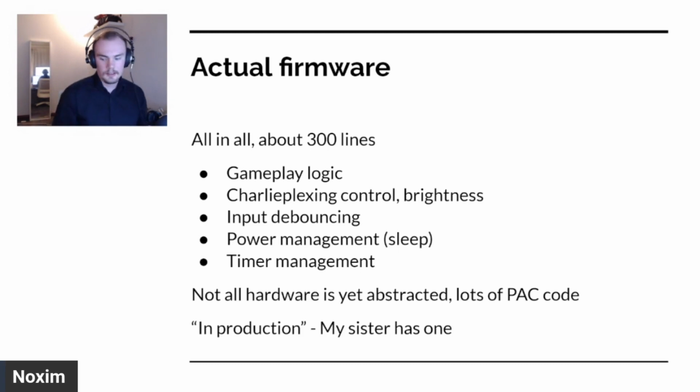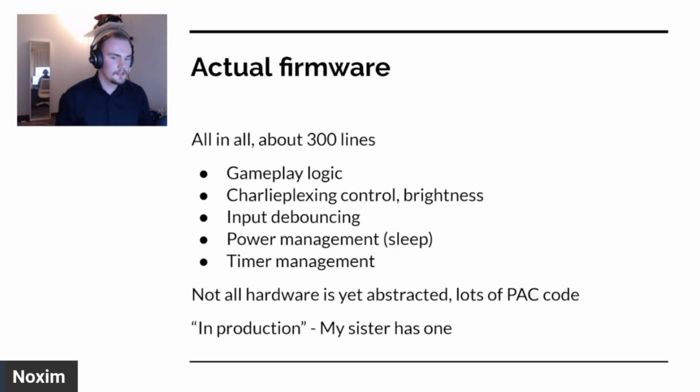And the majority of the code is actually about power management. If I don't press anything for a couple of seconds, it goes into sleep mode, which lets this single coin cell last for weeks or months. It doesn't really use any energy that way.